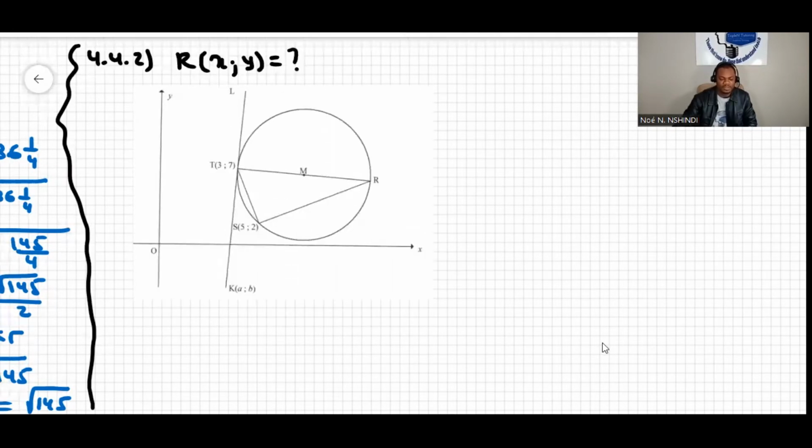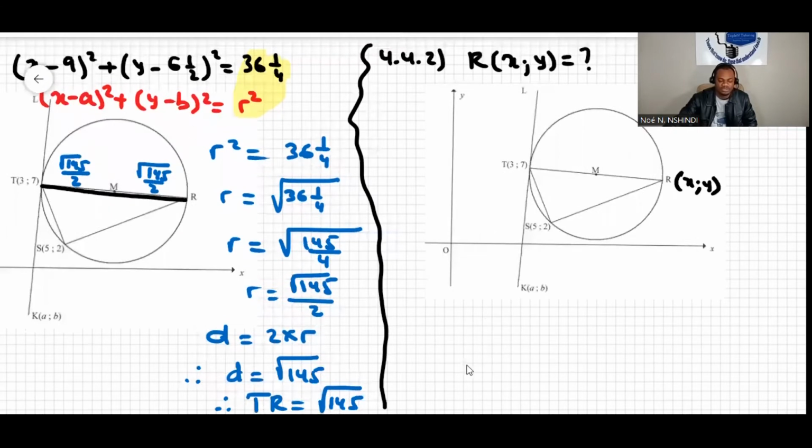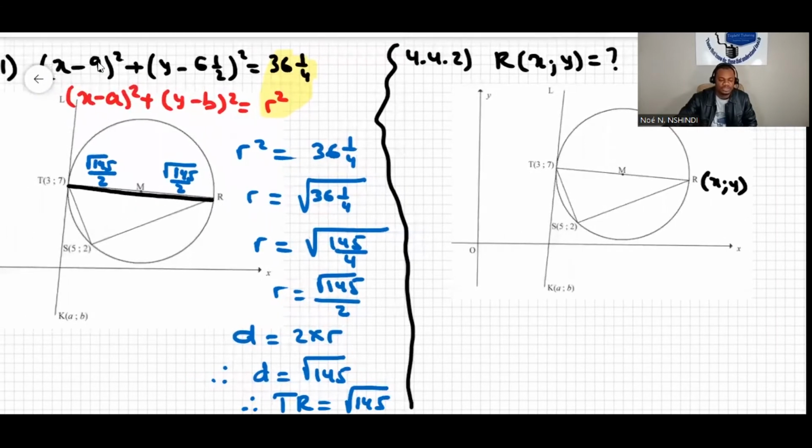We need to find the coordinate of R, x, y there. What do we know from the question? It is given that the equation of the circle is this one. This means that the center M has coordinates 9 and 6.5.